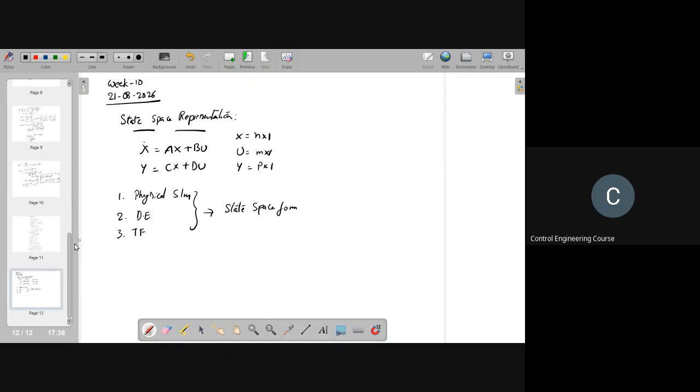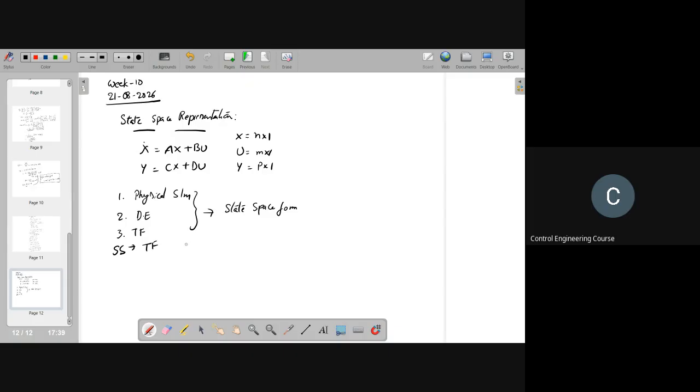Also, I have discussed the reverse: suppose you are given an LTI system in state space form, then how do you convert that state space into a transfer function?